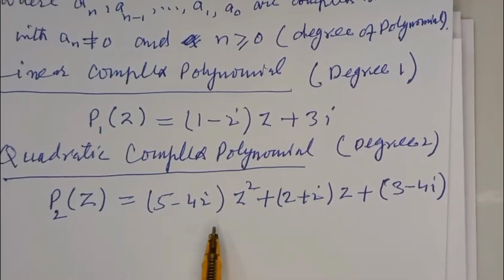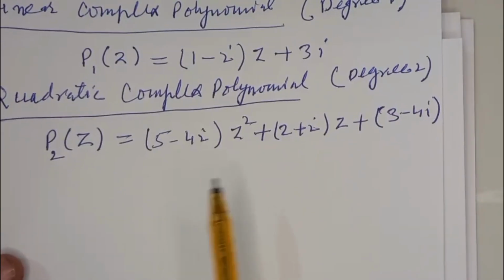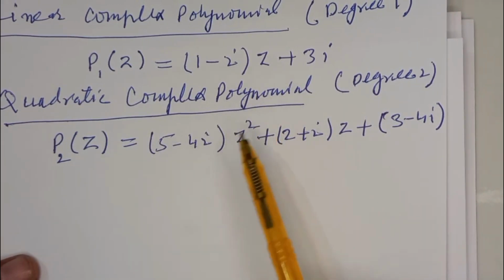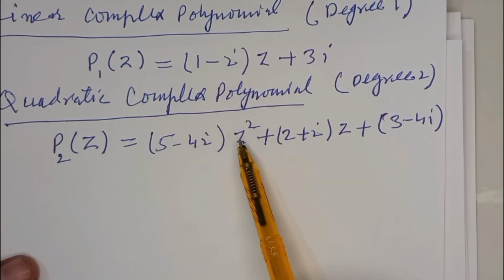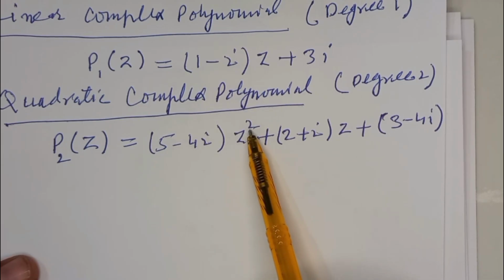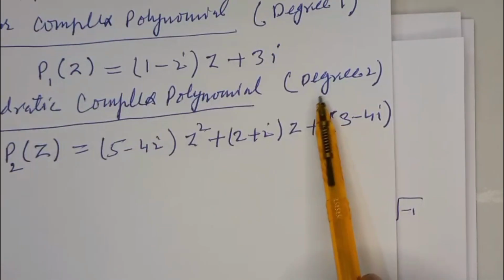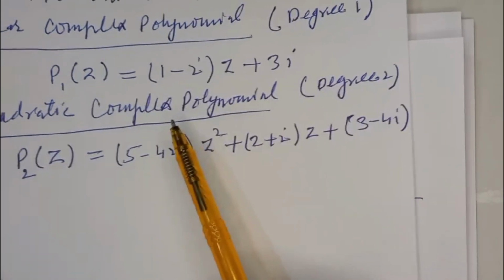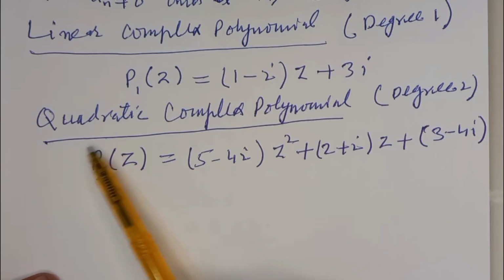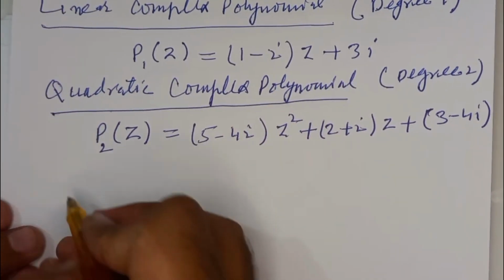This is an example of a quadratic complex polynomial because the highest power of the variable involved is 2. The variable involved is Z. So it is a second degree complex polynomial, and a second degree complex polynomial is also called a quadratic complex polynomial.